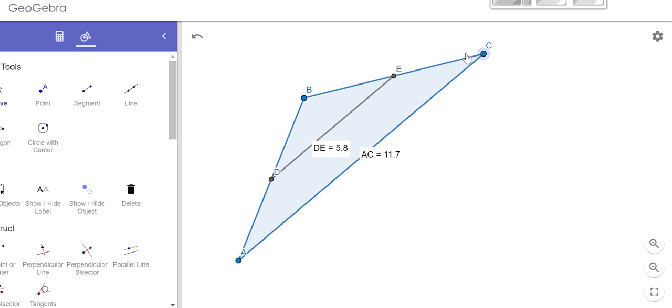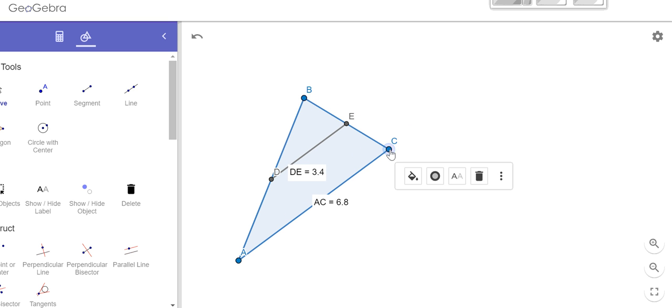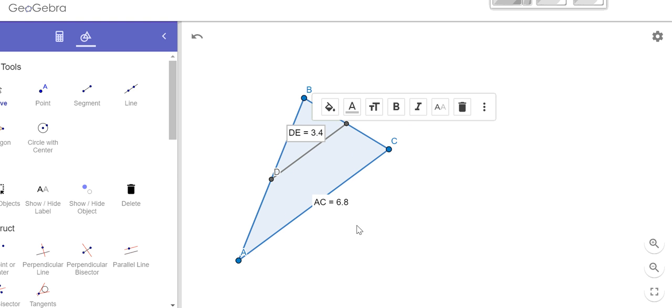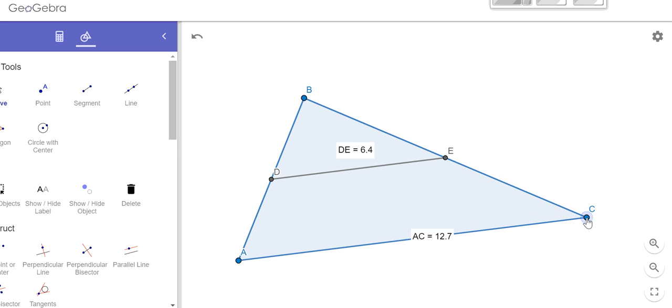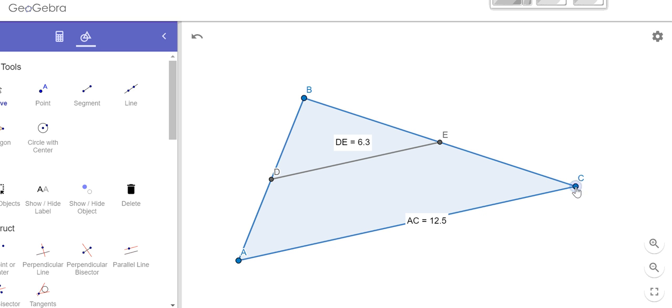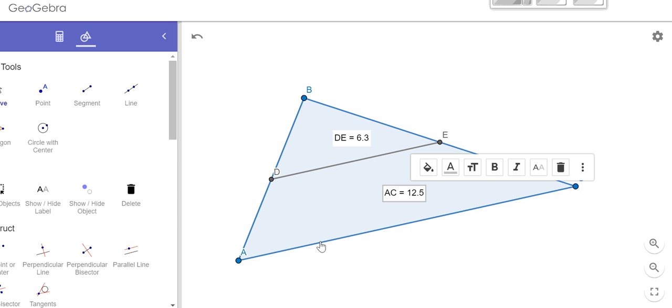I can change it and I see 6.8 and my midsegment is 3.4. So there's a good way of seeing how our midsegment is always parallel to the other side and that it's always half of the length of our side of the triangle.